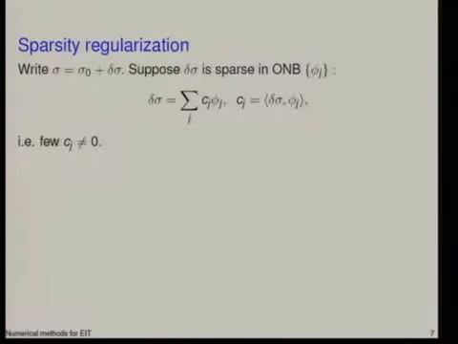So we now move to the infinite dimensional setting, and we have an orthonormal basis for our Hilbert space. What does it mean to be sparse? It means that if we do an expansion of delta sigma in this basis, with these coefficients, then there are only a few numbers that are different from 0. So all the information about delta sigma is carried in a few of the coefficients. This is what is meant by sparsity in this context.